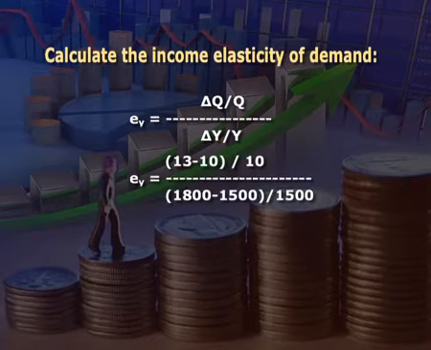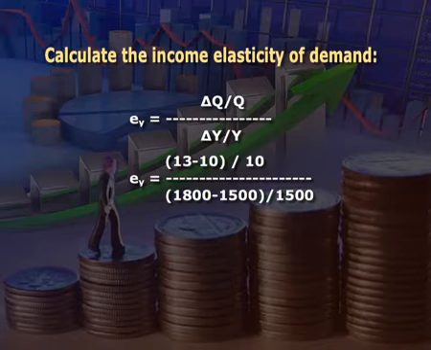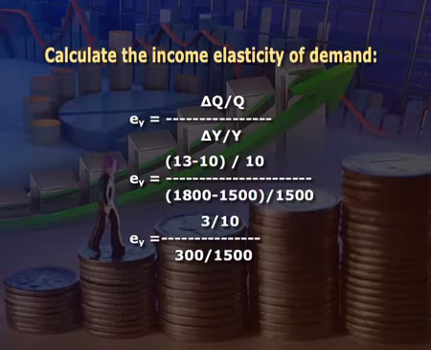So, EY is (13 minus 10) whole divided by 10 divided by (1800 minus 1500) whole divided by 1500. Thus, EY is (3 by 10) whole divided by (300 by 1500). It is equal to 1.5. Thus, when the income of a buyer increases by rupees 1, the quantity demanded of the good increases by 1.5 units.